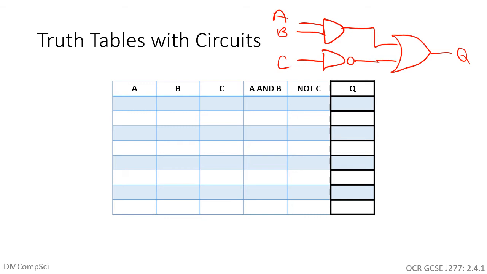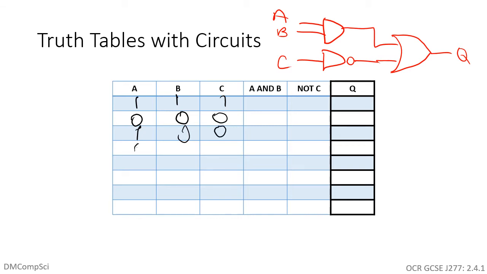So as we did in the last video, we looked at all of the different possible inputs that we had, and for a 3-input circuit, these will be as follows in no particular order. So we could have all 3 as 1s, but we could also have all 3 as 0s. We could have A being a 1 and B and C being 0.